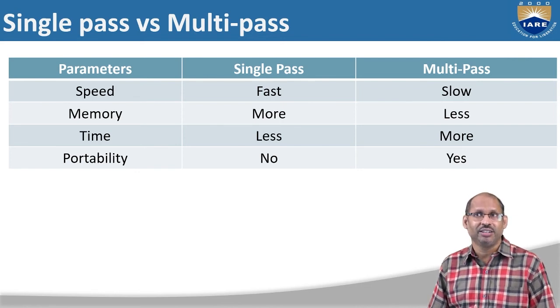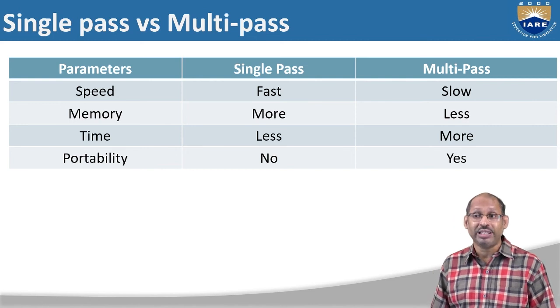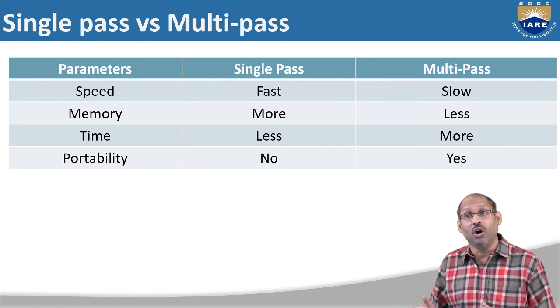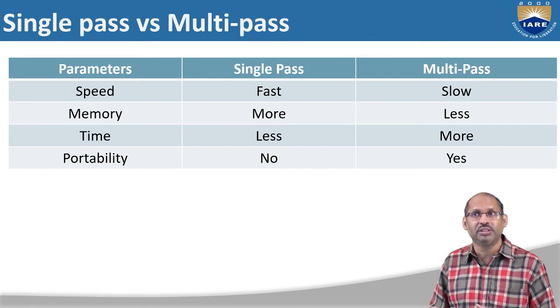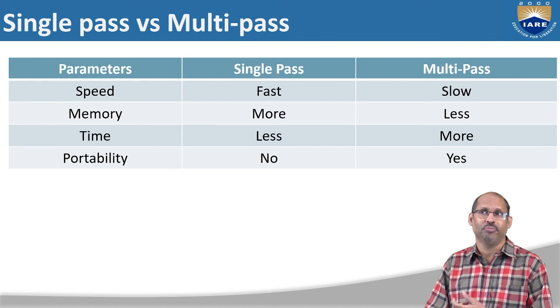When you say memory, single pass requires more memory, because at every time it has to maintain all the phases of the compiler, all the intermediate forms, source form and target form. All should be maintained at a single time. So it requires more memory.